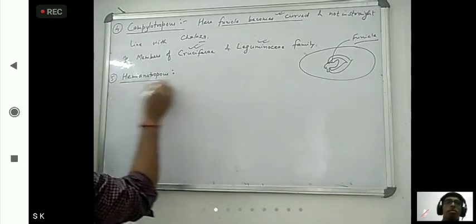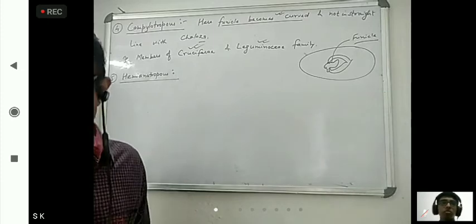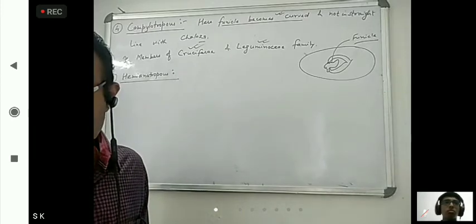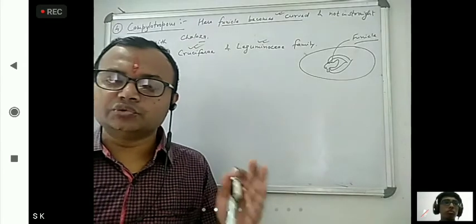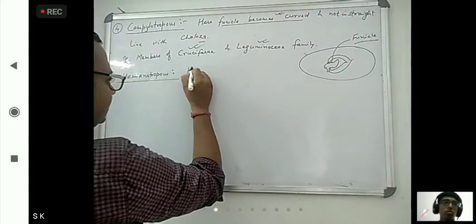Hemianatropus. Now, hemi means what? 90 degrees. So what angle will be here? In Hemianatropus, ovule is situated at a right angle to the funicle.